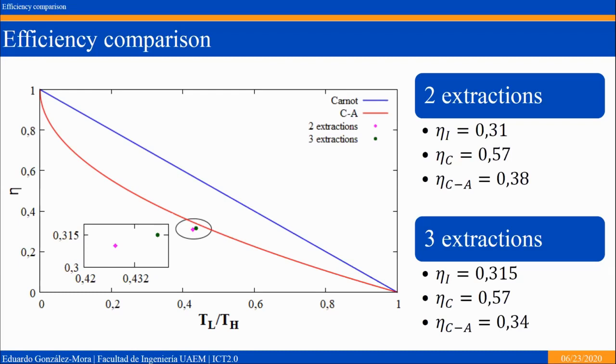Since some irreversibilities were considered in the heat engine, turbine and pumps, the efficiency of the whole plant is lower than the Curzon-Ahlborn efficiency that I'm showing in the curves in red and in blue in the plot here.